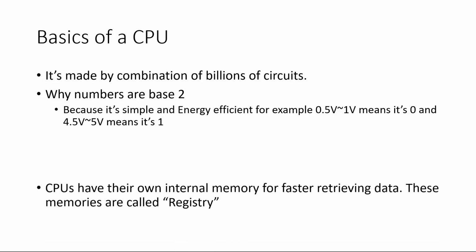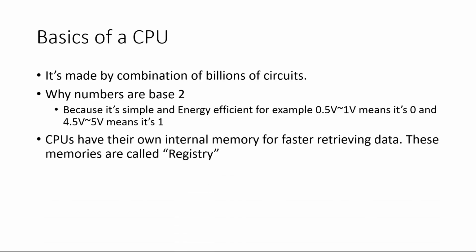Another thing I'm going to mention is that CPUs have their own memory, called registers. And you might ask why another memory instead of RAM? Well, first, the register capacity is way lower than RAM, and it's way faster than RAM.